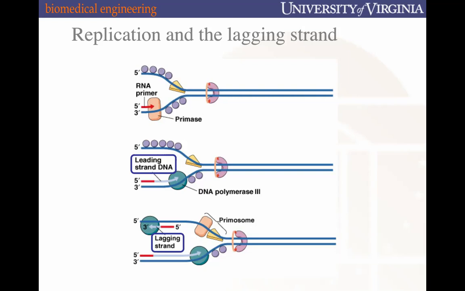As helicase opens up the bottom DNA strand and moves the replication fork further to the right, there's going to be more space for primase to lay down a new RNA primer and for DNA polymerase 3 to create a new strand. But these are going to happen in small discontinuous segments on this top strand. We call that the lagging strand. The lagging strand is characterized by these small discontinuous fragments, whereas the leading strand is one single continuous new DNA strand that's being laid down.